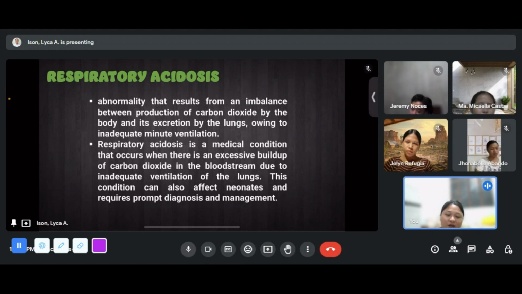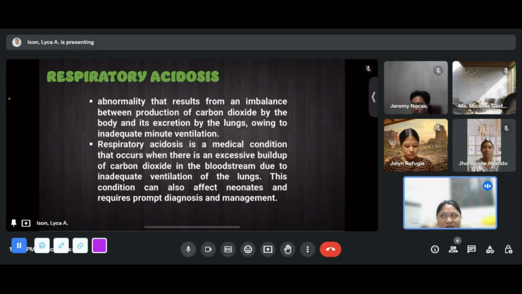So, respiratory acidosis is the abnormality that results from an imbalance between production of carbon dioxide by the body and its excretion by the lungs owing to inadequate minute ventilation. So in infants, infants can develop respiratory acidosis when they are unable to effectively eliminate carbon dioxide from their bodies due to a problem with their respiratory system.